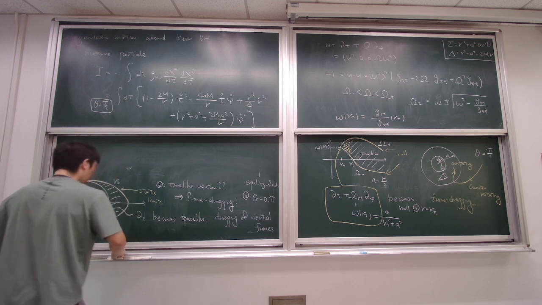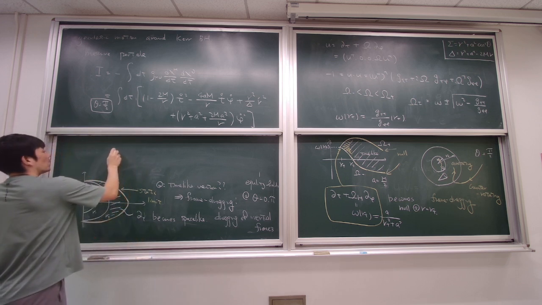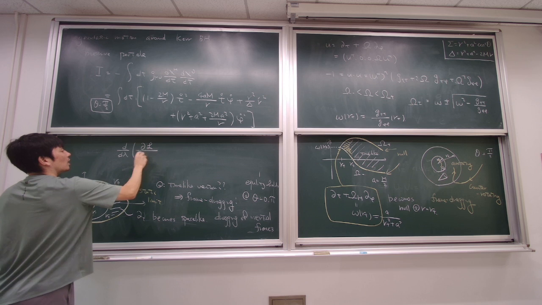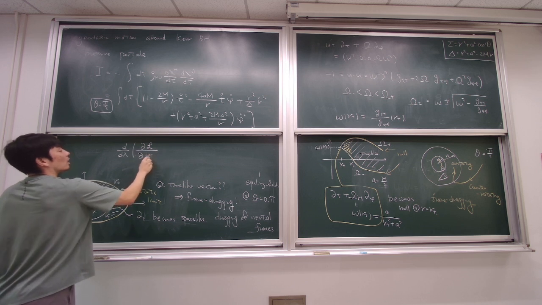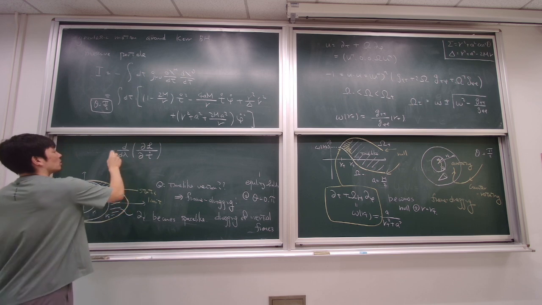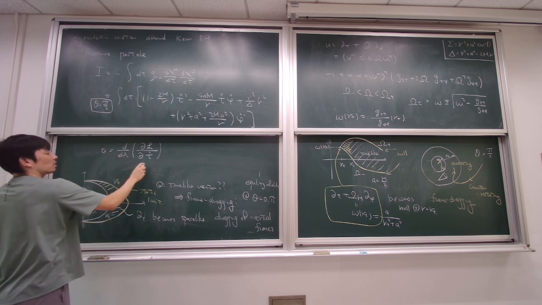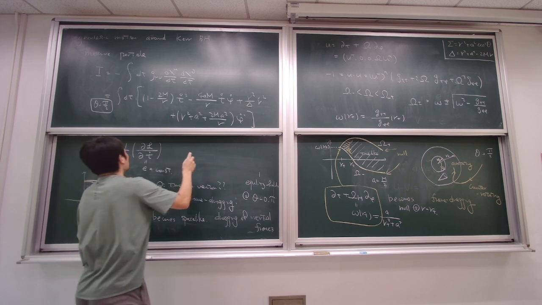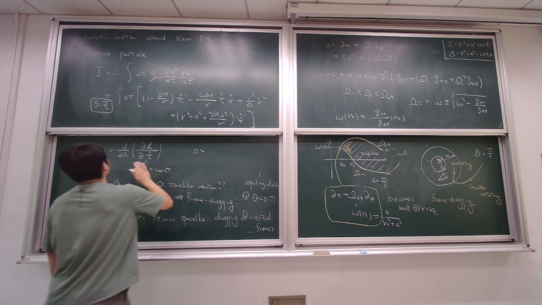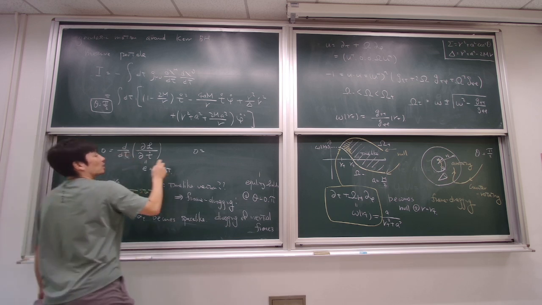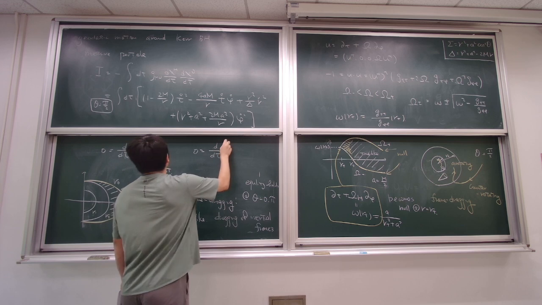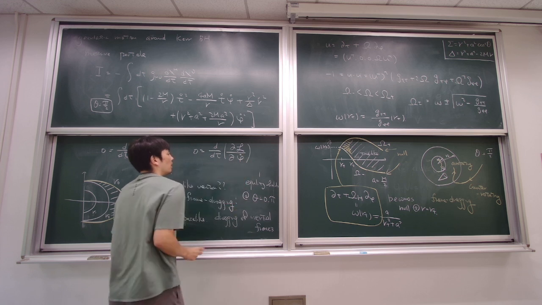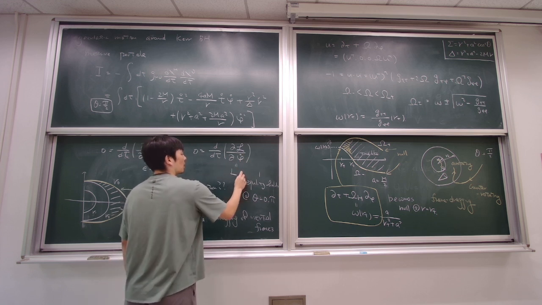And of course, one thing: d over d tau of del L over del t dot is equal to 0, which means that this one is constant. So this is the energy, and also d over d tau of del L over del phi dot is also constant.